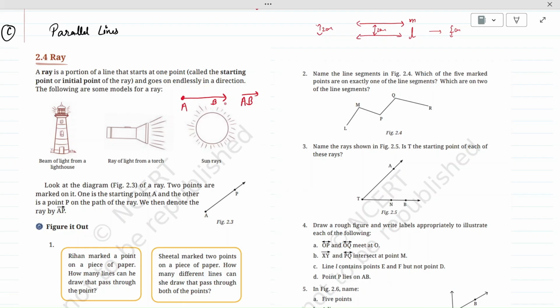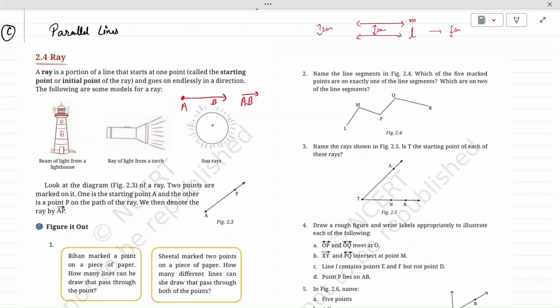So what we see here is it has a starting point but no end point, and this AB also doesn't have any fixed length because it can be extended in an infinite direction. An example is any source of light, whenever we switch on a torch or bulb or even the sun.